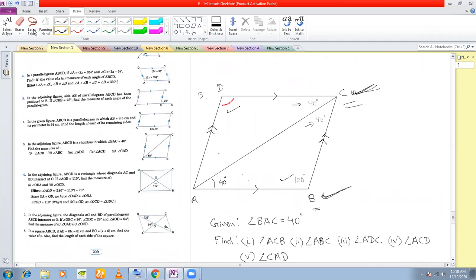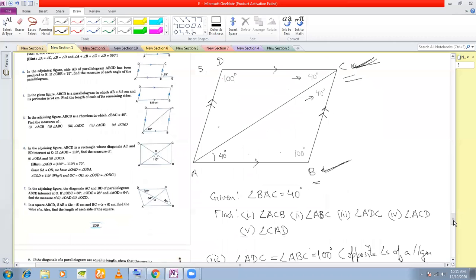Okay. So now that we have found out this angle, let us write down this angle in pencil here, just in case we'll need it in future. So this is also 100. Fine. Next, fourth question is ACD. ACD is which angle? ACD is this angle. We have already found out this angle, ACD.